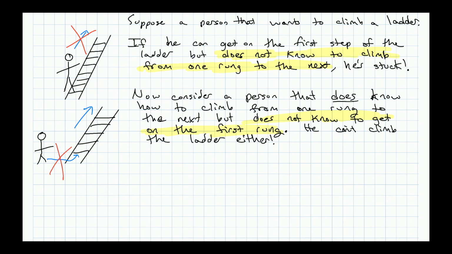Okay? And so what induction is, the idea is that if you had somebody who knew how to do both of these things, then they would be able to climb the ladder.